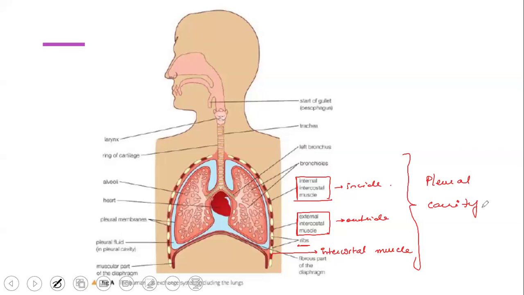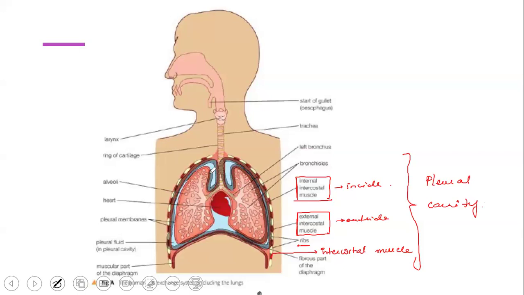So, for example, if I draw this for you, all of this that I'm drawing. See how it's surrounding the entire wall of the cavity. It's lining it. It is covering the entire wall of the cavity, even going onto the lungs.